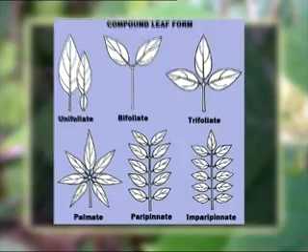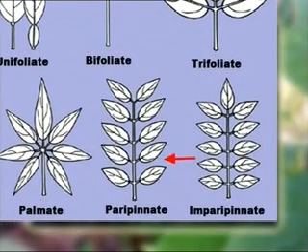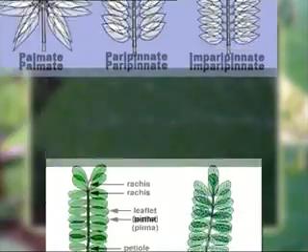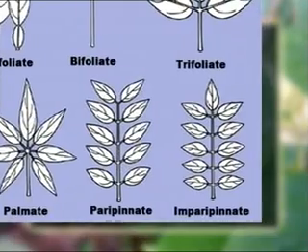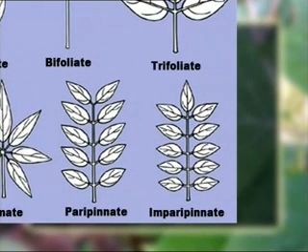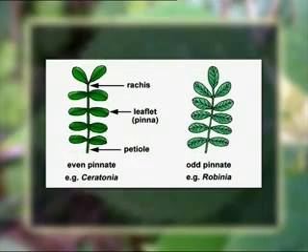Unipinnate leaves are of 2 types. Number 1, paripinnate. That is a unipinnate leaf with an even number of leaflets. For example, in Tamarindus indica or Acacia, etc. Now, imparipinnate leaf. That is a unipinnate leaf with an odd number of leaflets. For example, neem, rose, etc.